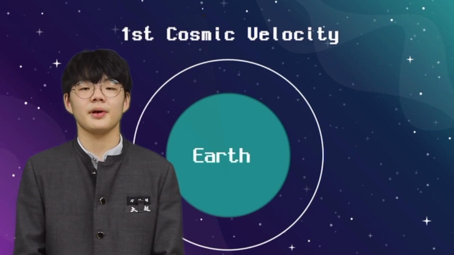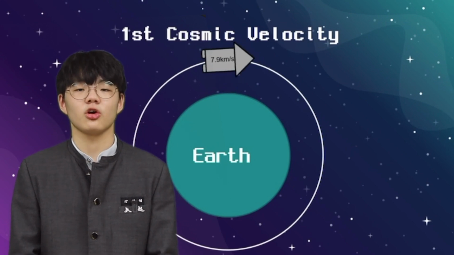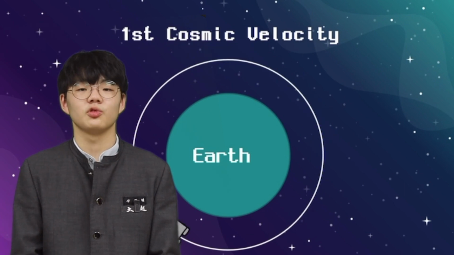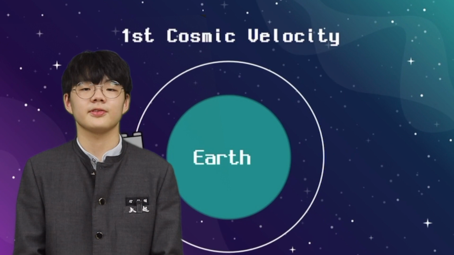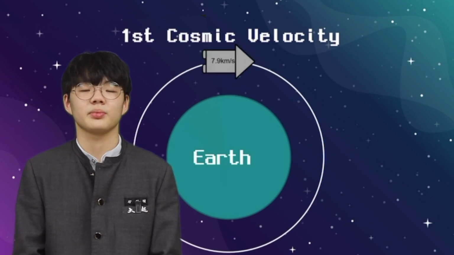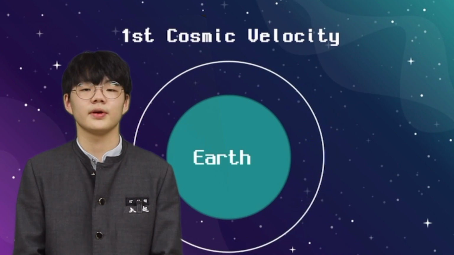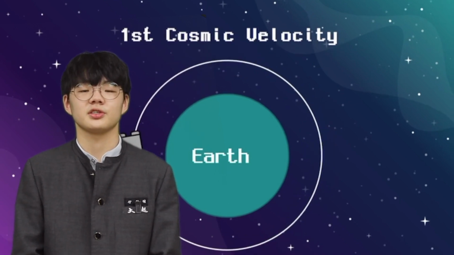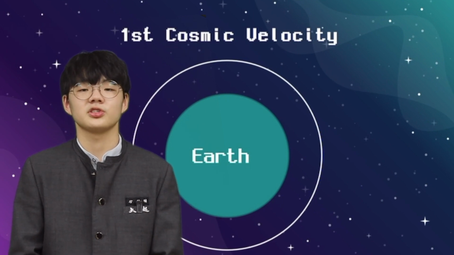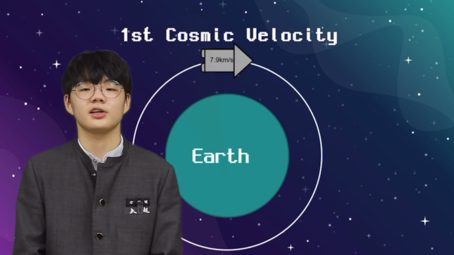The first cosmic velocity is the speed at which an object can orbit the Earth, which is about 7.9 km per second. If the spacecraft is launched at a speed of less than 7.9 km per second, it would move away from the orbit and eventually crash into the Earth. However, when launched at a speed of 7.9 km per second, it would orbit the Earth.